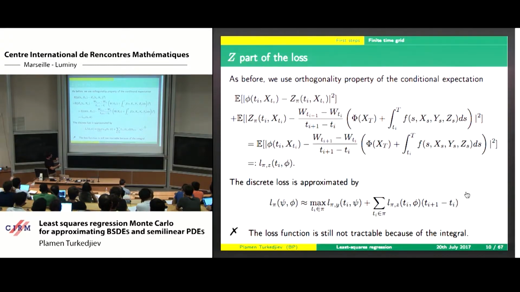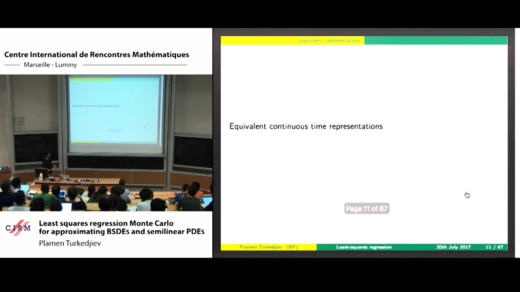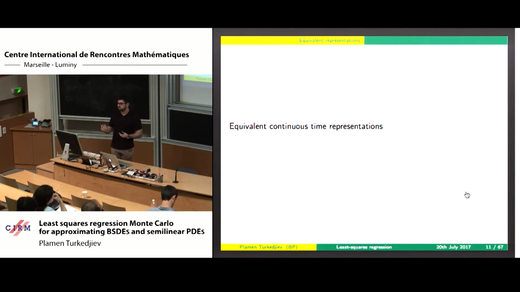So we've got this bit here, which was the loss in y, and this bit here, which was the loss in z. But because of these Lebesgue integrals, we still can't really turn this into a fully implementable thing. Okay? So I'm going to take a little time to play with these conditional expectation formulations that we've made and form some equivalent continuous time representations for the solutions of our minimization problem.